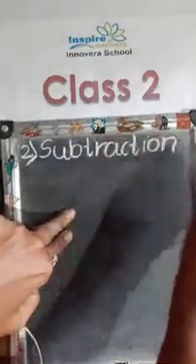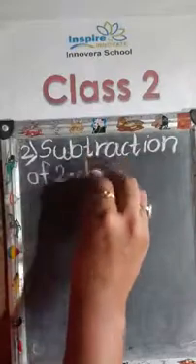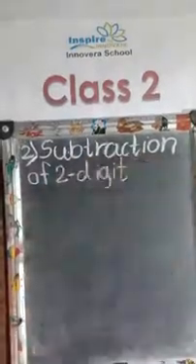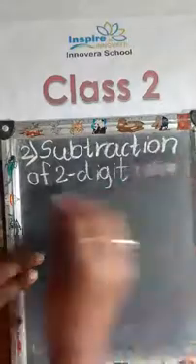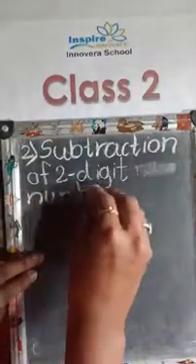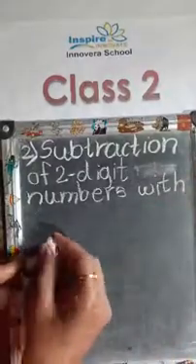Question 2 is subtraction of two-digit numbers with regrouping.